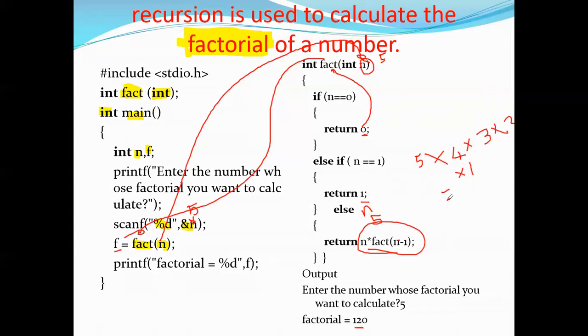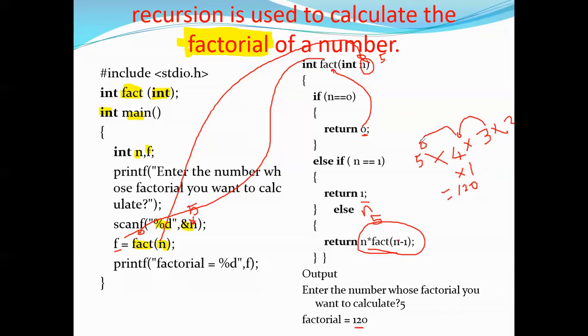Finally, the result 120 is stored. First 1 into 2 is 2, return 2, then 2 into 3 is 6, 6 into 4 is 24, 24 into 5 is 120.